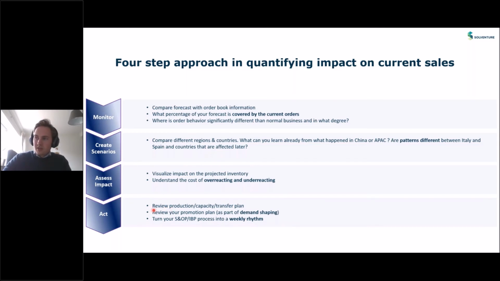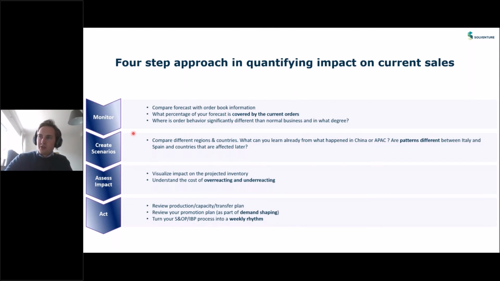And also we can review, for example, a promotion plan or pricing strategy as a part of demand shaping. And lastly, like Bram already explained as well, typically our customers have monthly S&OP cycles, IBP processes. It's now turned into a weekly routine to make sure we can act in a fast way.